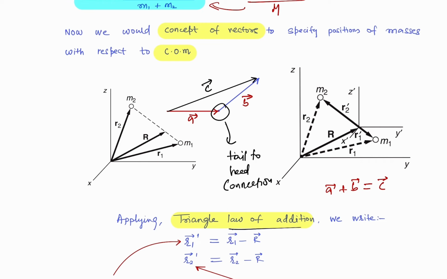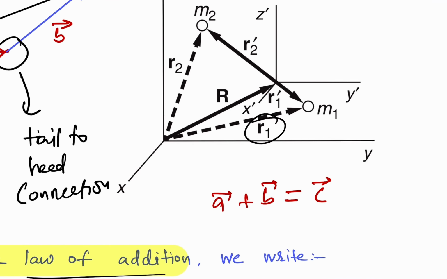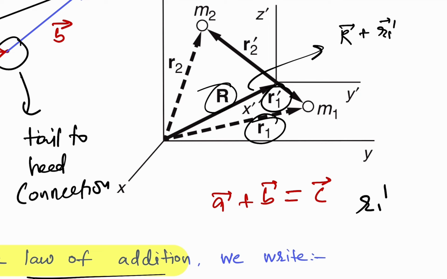If you apply the same law here in this physics, this is one vector r1, this is another vector capital R, which is our center of mass, and this is r1 prime. If you apply the triangle law of addition, it is capital R plus r1 prime, which is equal to the vector r1.